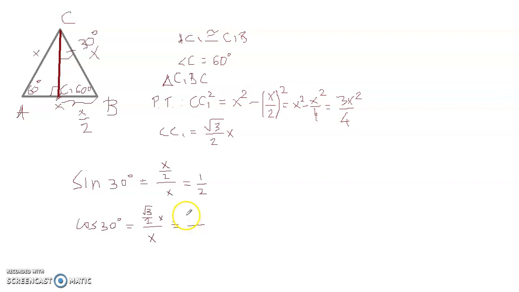Solving the double fraction, we get that cosine of 30 degrees is root 3 over 2.